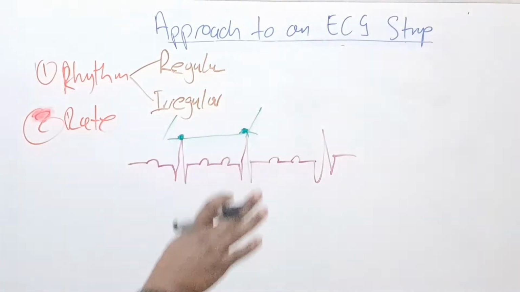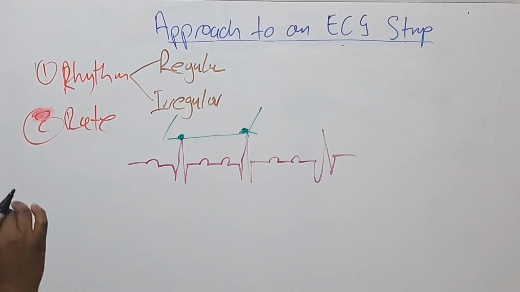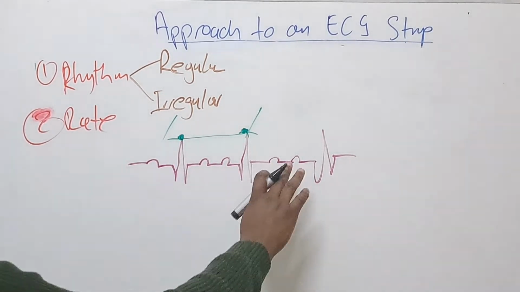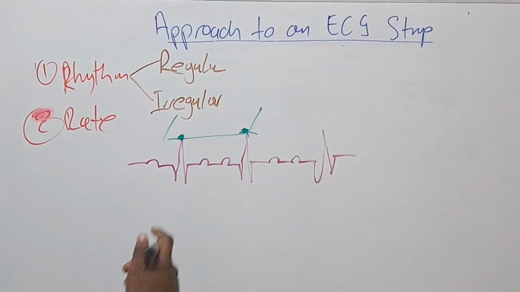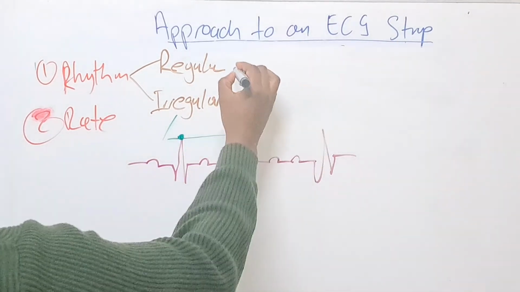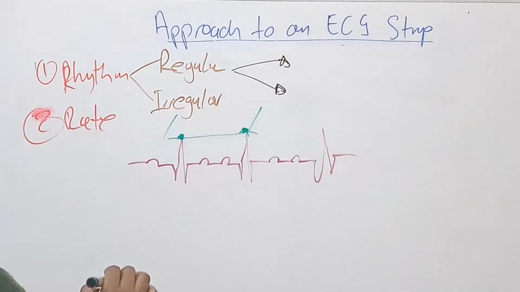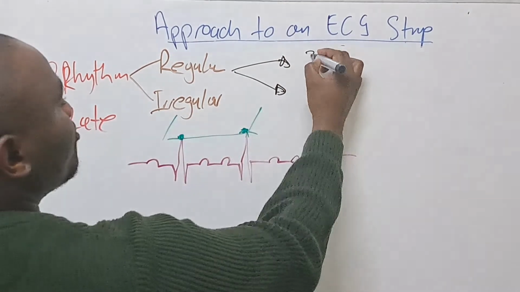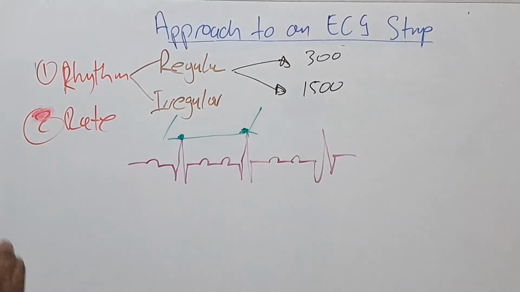Briefly, if you figure out that the pattern of the rhythm is regular, then you've got 2 methods that you can use to calculate the heart rate: the 300 method and the 1500 method. I explained that on part 1 of this video. Please watch that video first and then come to this one.